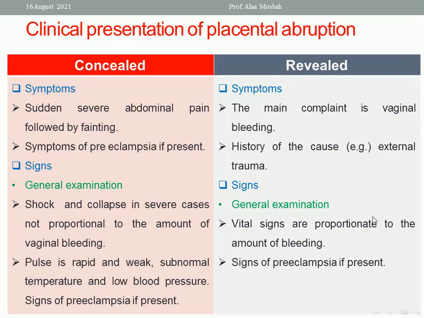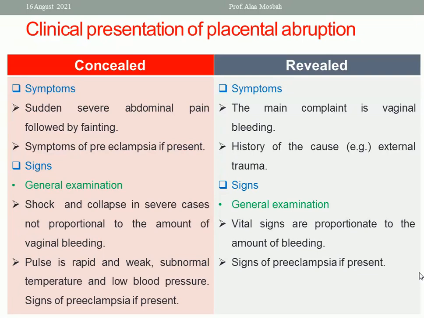While in the revealed type, the main complaint is vaginal bleeding, with history of a cause or risk factor like external trauma. On general examination, vital signs are proportionate to the amount of bleeding. While in the concealed one, it is not proportionate. Why?